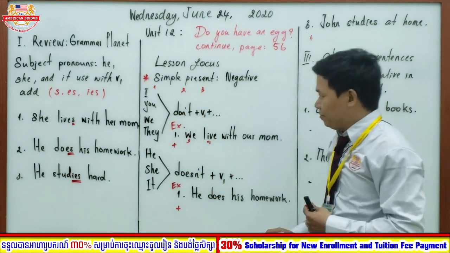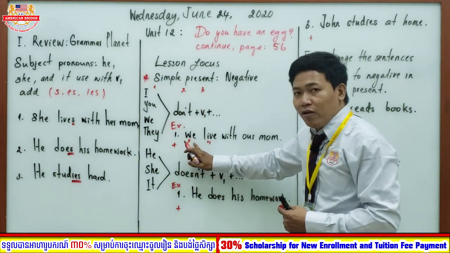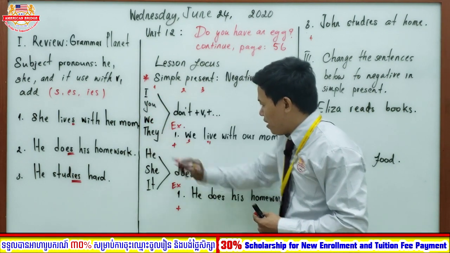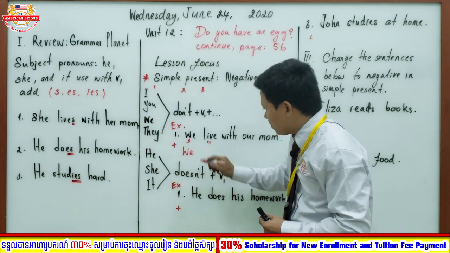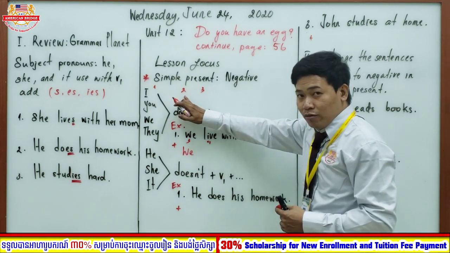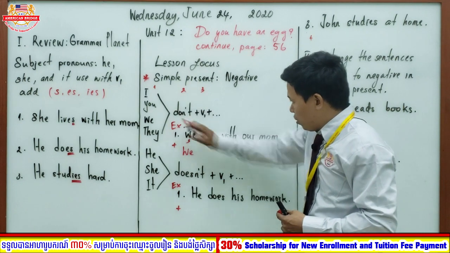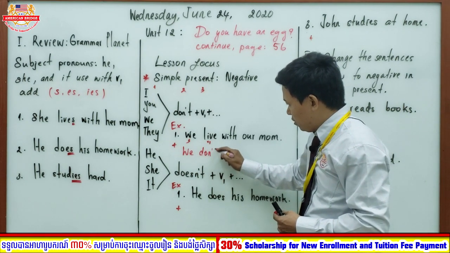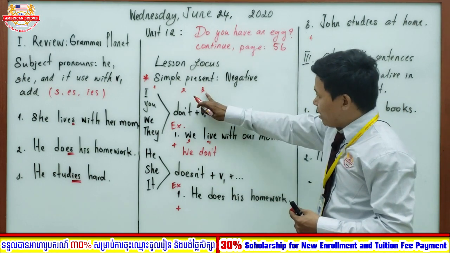Now follow the form. We have subject pronoun we, so please find I, you, we. Yes, we got we, so we put we. The second one is don't, right? We put don't next to the subject pronoun: we don't. And then number 3 is verb 1.